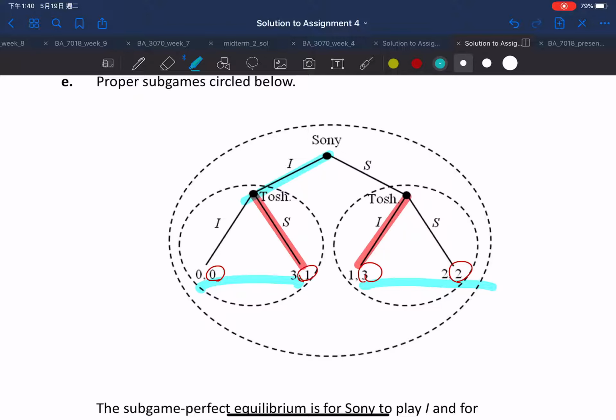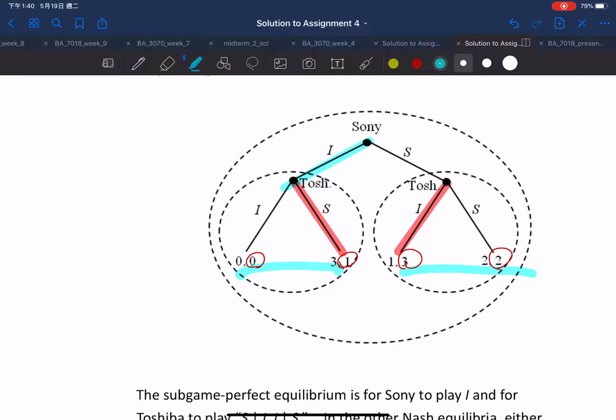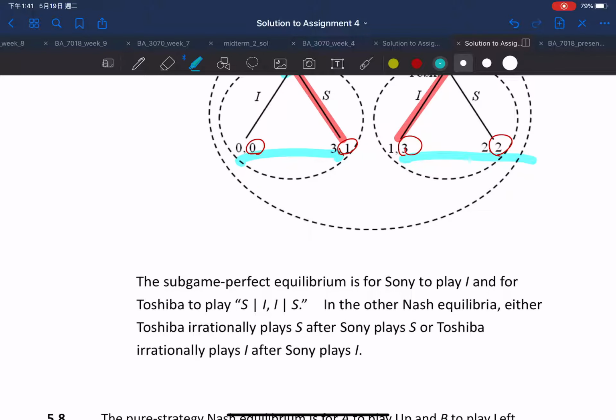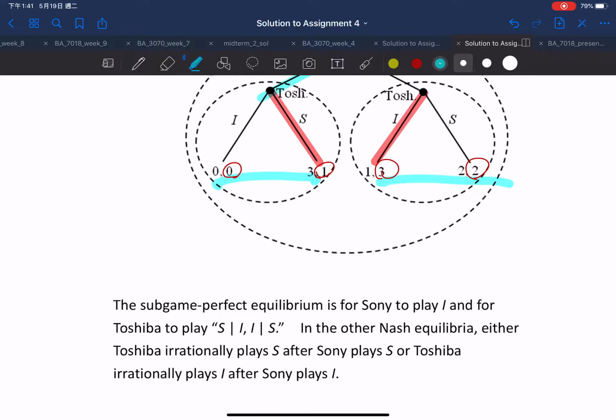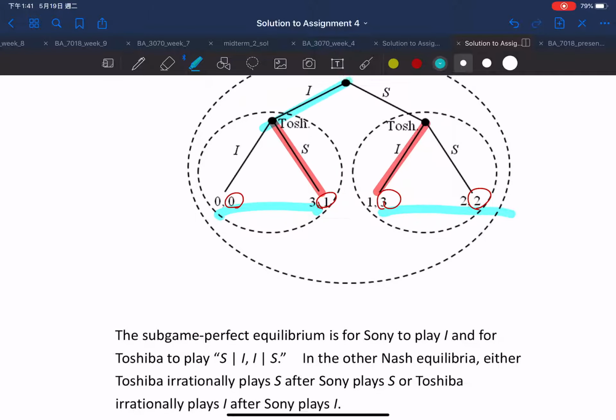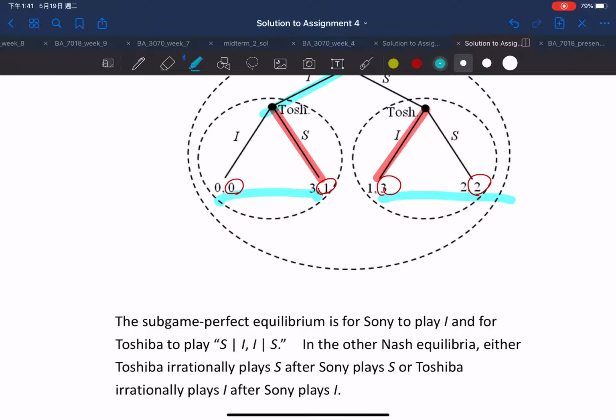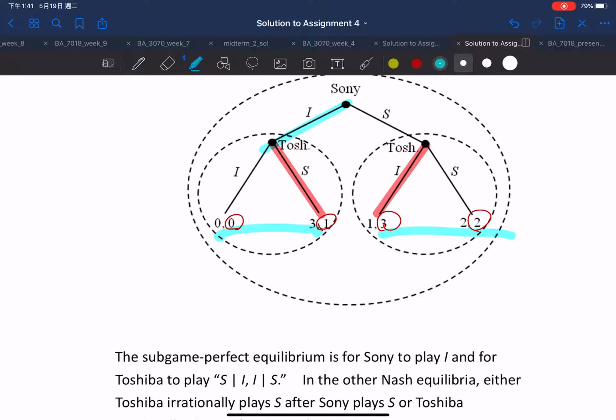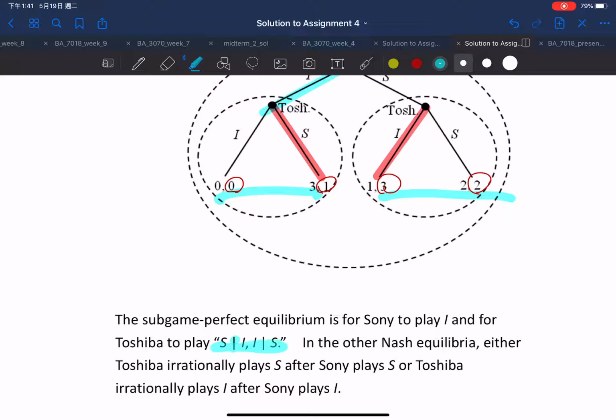And based on backward induction, you find out the strategy is Sony would choose I, which is invest heavily, and Toshiba would choose S, which I forgot what that stands for. So Toshiba will choose S if Sony chooses I, and choose I if Sony chooses S. That's what's written here.